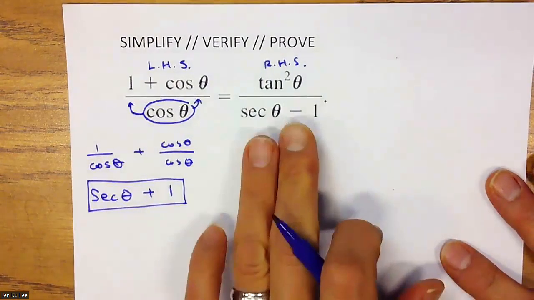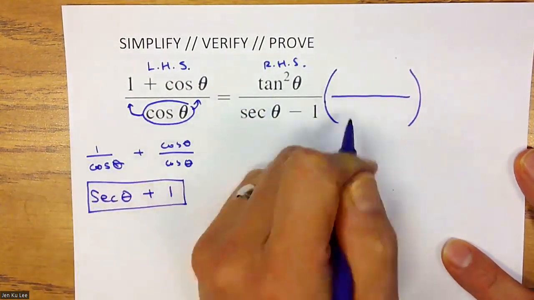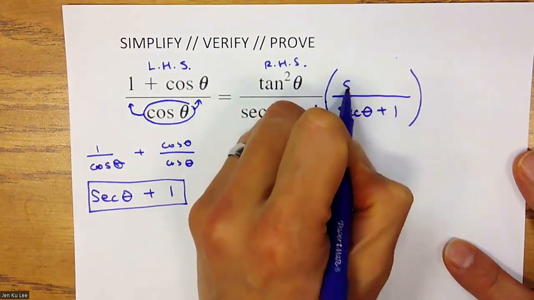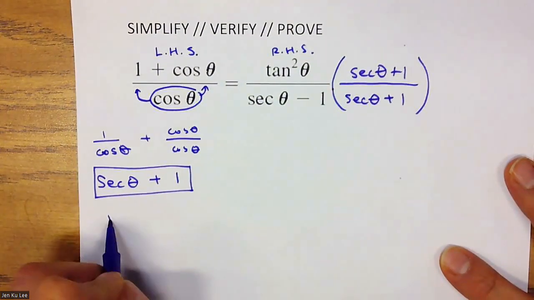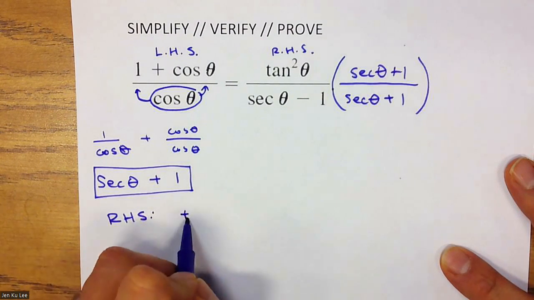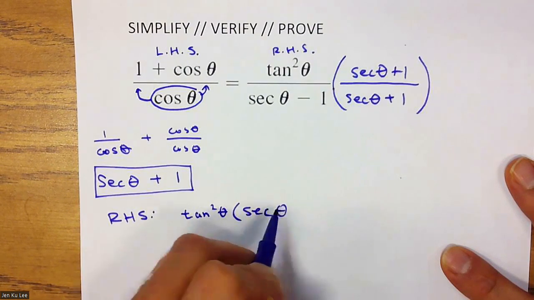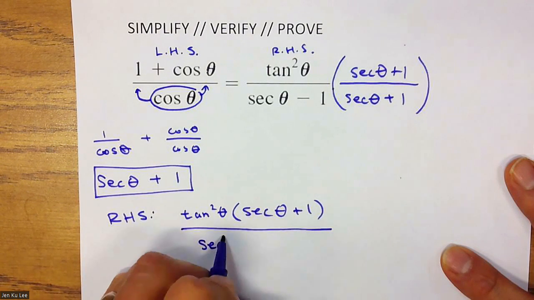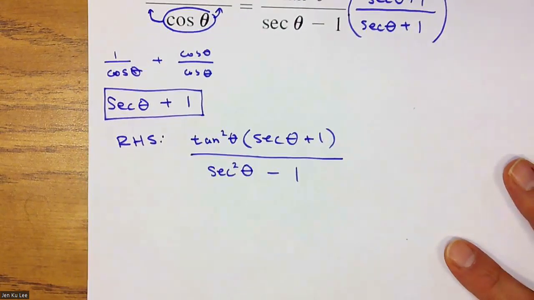So here I see this. I'm going to multiply this by secant theta plus 1. Okay? So my right-hand side, I have tangent squared theta times secant theta plus 1 over secant squared theta minus 1. Right?